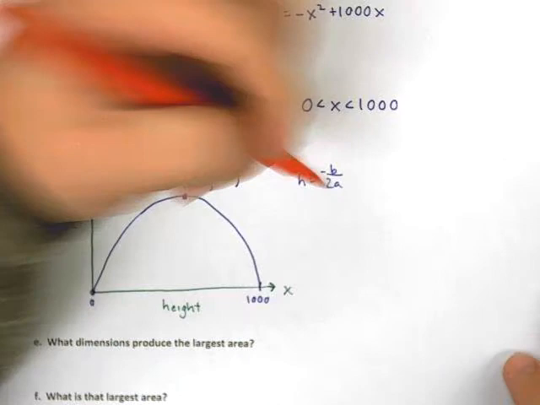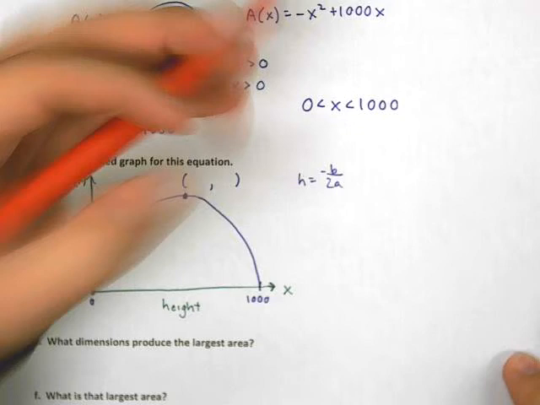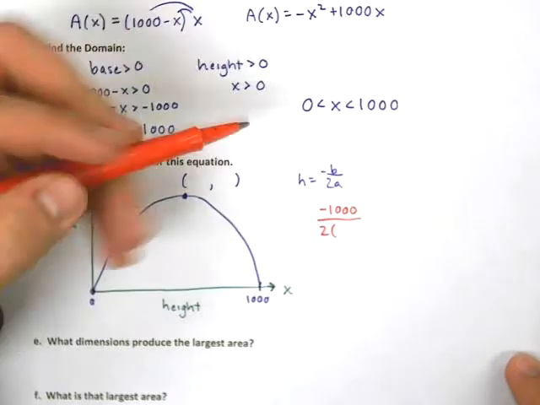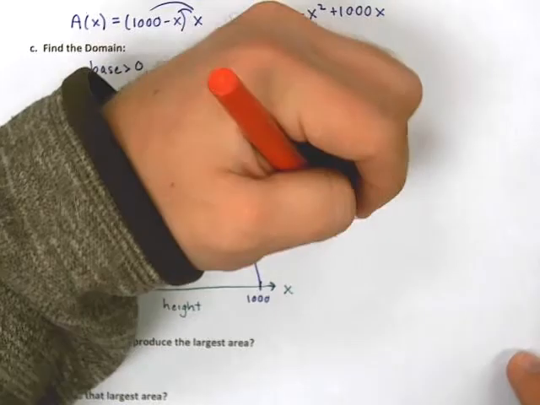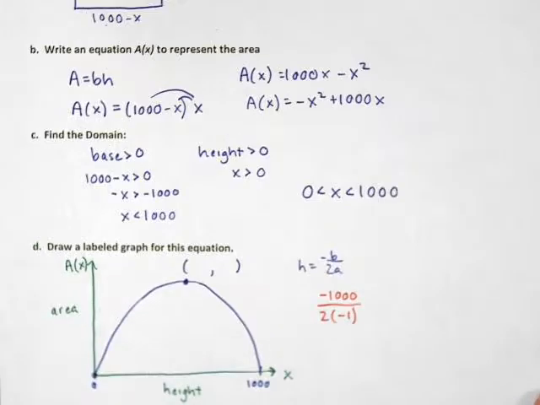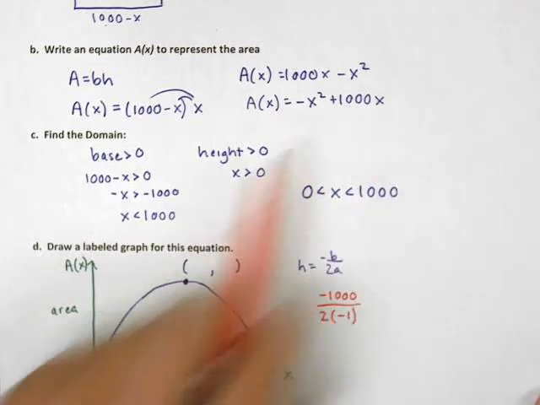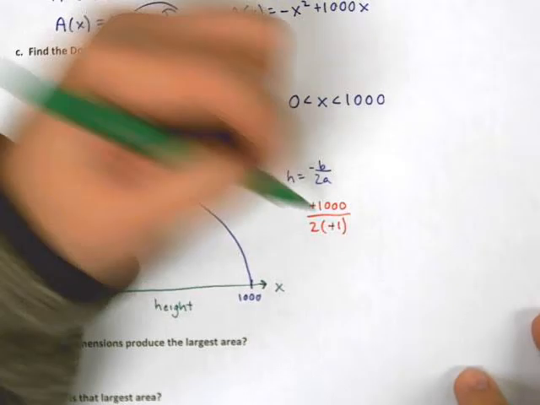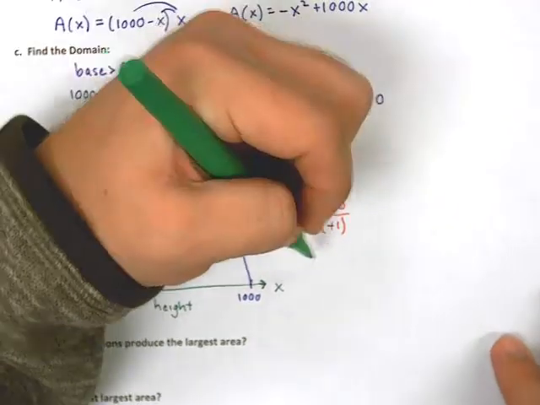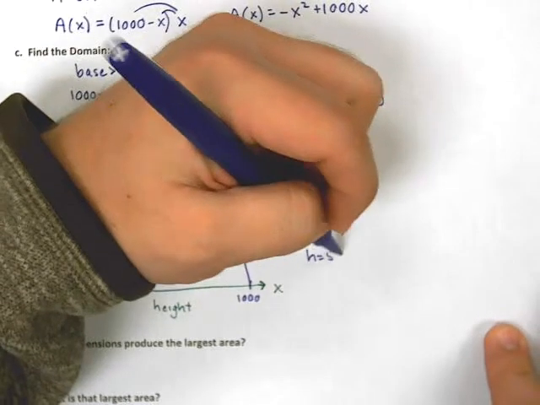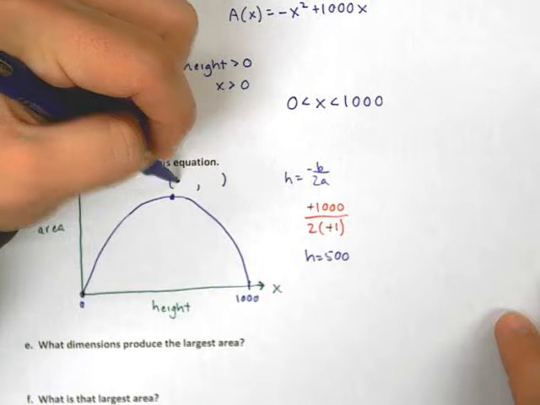And let's see here, my b value is 1,000. So negative 1,000 over 2 times negative 1. Where am I getting that from? I'm just getting that from my equation. Well, the negatives are going to cancel. And then 1,000 divided by 2, that's 500, right? So H equals 500.